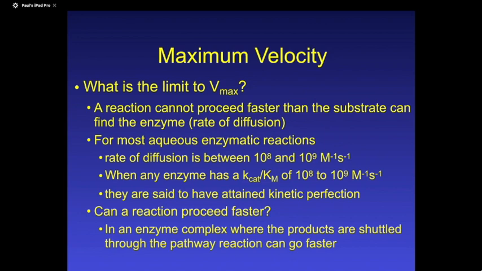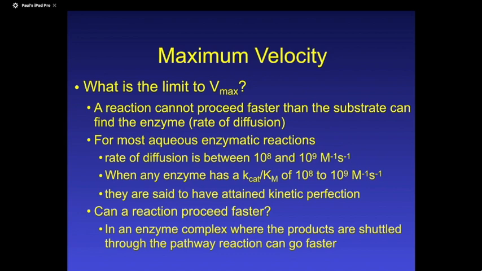And so you cannot go any faster than the substrate actually flowing through the water itself. If the speed of things moving through water is the rate limiting step, then the enzyme is at kinetic perfection. It might work faster, but it can't get substrate any faster than how fast the substrate can diffuse through water.